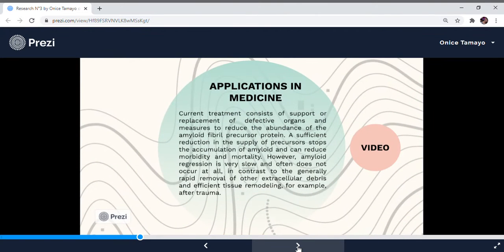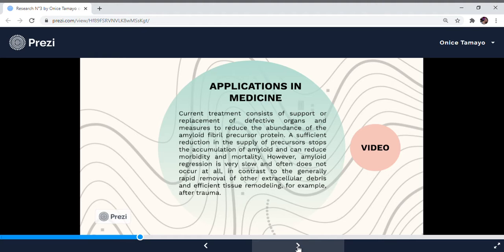Applications in medicine. Current treatment consists of support or replacement of defective organs and measures to reduce the abundance of the amyloid fibril precursor protein. A sufficient reduction in the supply of precursors stops the accumulation of amyloid and can reduce morbidity and mortality.